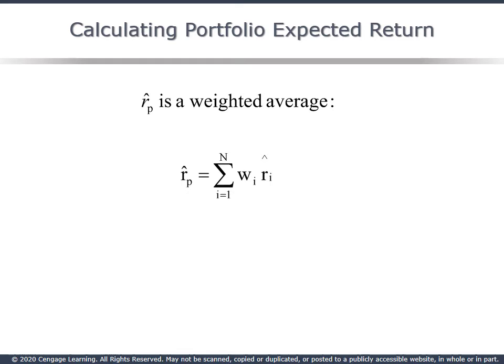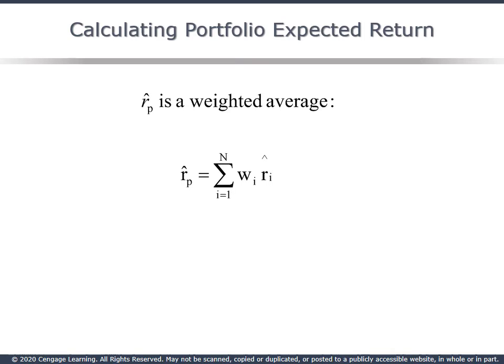As I mentioned previously, the expected rate of return on a portfolio is simply a weighted average, and this is the formula that we are going to use. There are going to be a number of investments within that portfolio. Each one of those investments or assets will have an expected return.